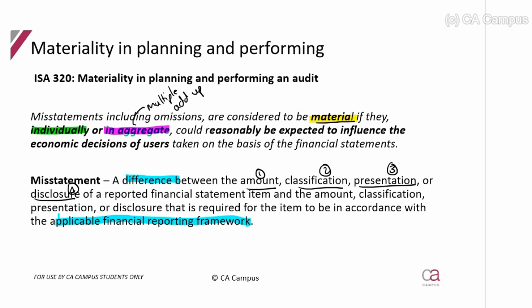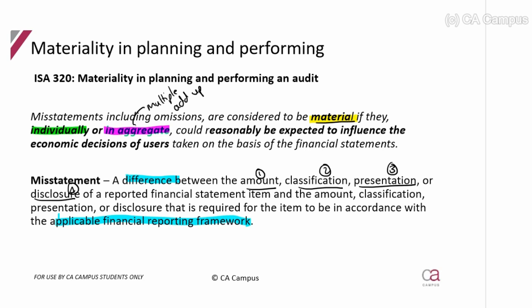So because of that aggregate, guys, we cannot use the maximum amount that is acceptable for the financials to be misstated to look for risks of misstatements. Because we are then going to ignore misstatements or risks of misstatements that are below that amount, which, if aggregated, could exceed that amount.